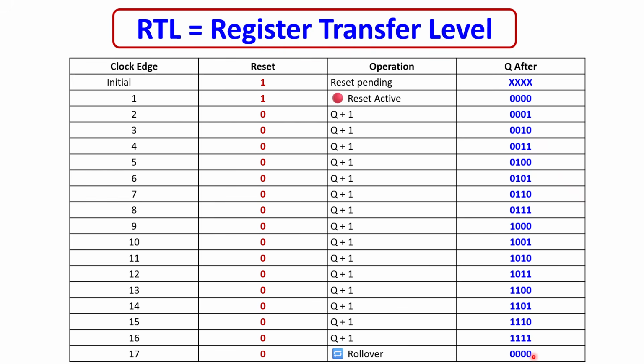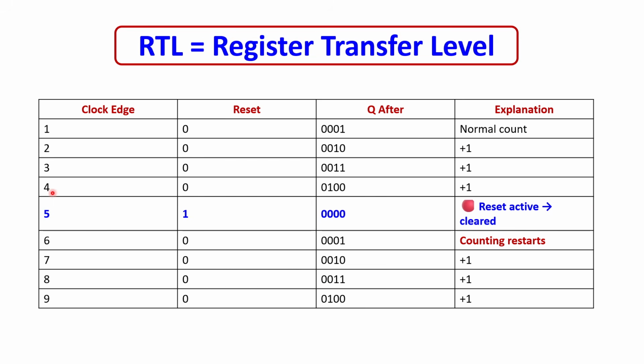the operation. You can ask, ma'am, if reset is given as 1 in the 5th stage, what happens? Let us see it. See, in the 5th stage, instead of 0, I am giving the reset as 1. So what it does, it clears everything. See, it is cleared.